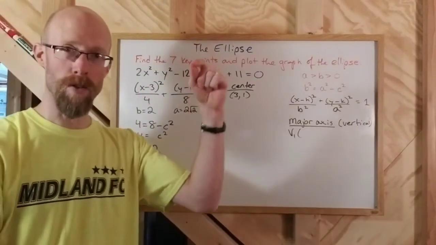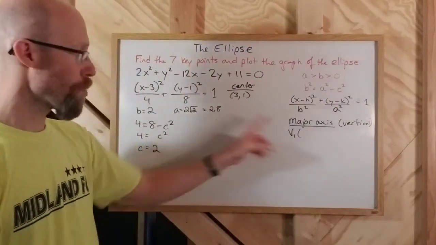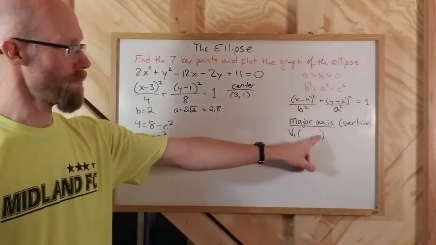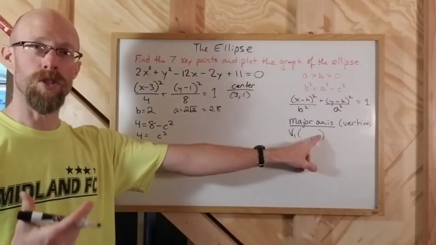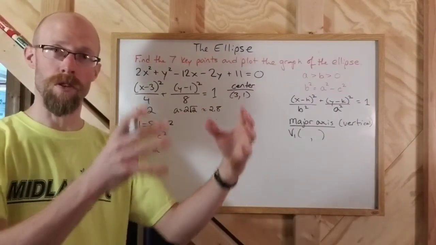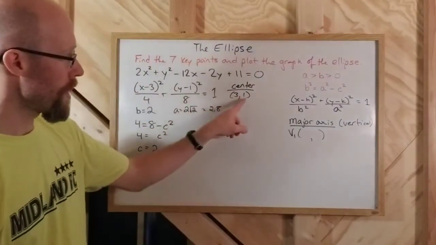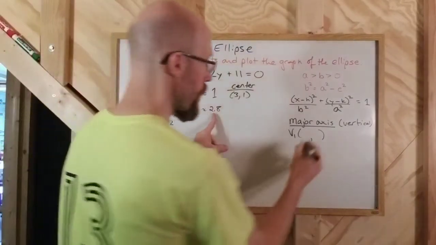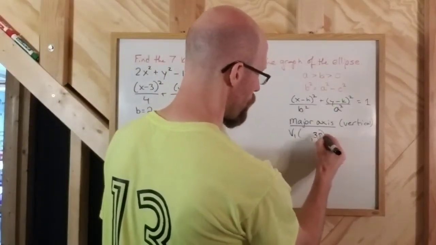So I want that 2.8 to be in the y component. However, I still have to adjust for the center, for the horizontal shift of 3 and the vertical shift of 1. So I combine the 1 with the 2.8, that gives me 3.8 for the y value.